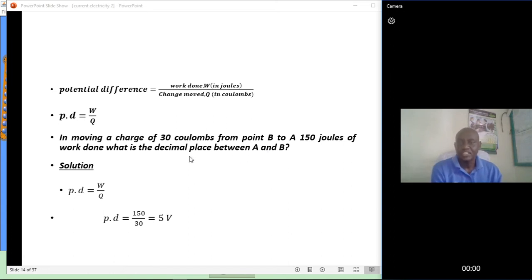What is the potential difference between A and B? So potential difference is work done over charge, which is 150 divided by 30, giving you 5 volts.